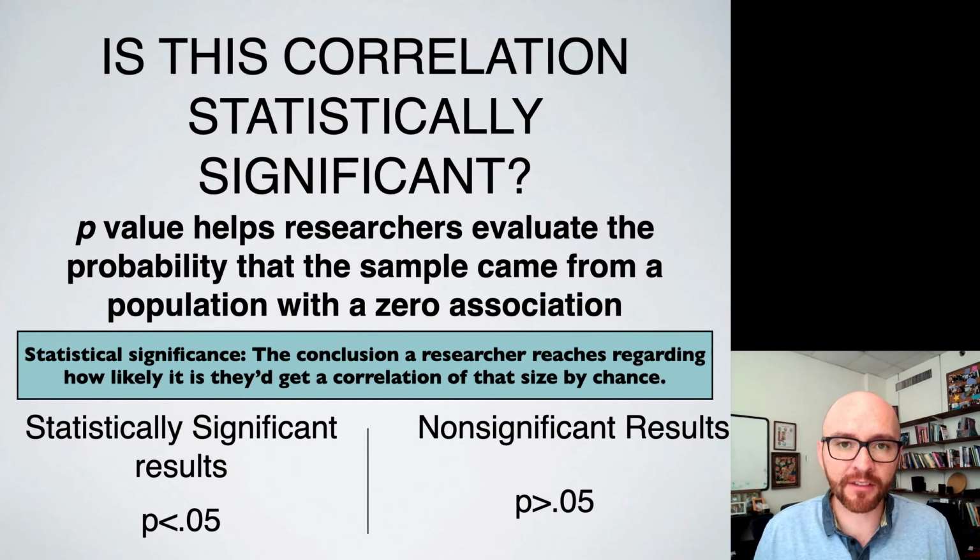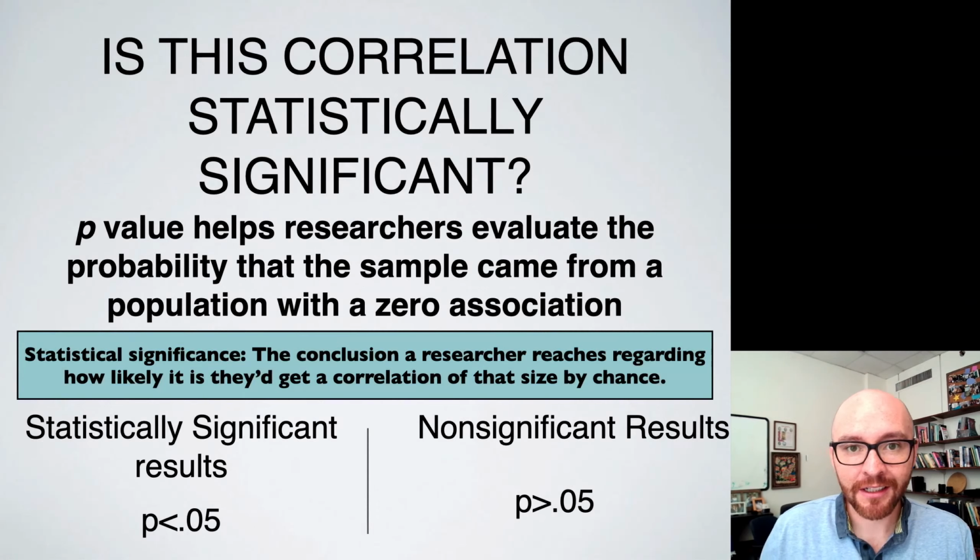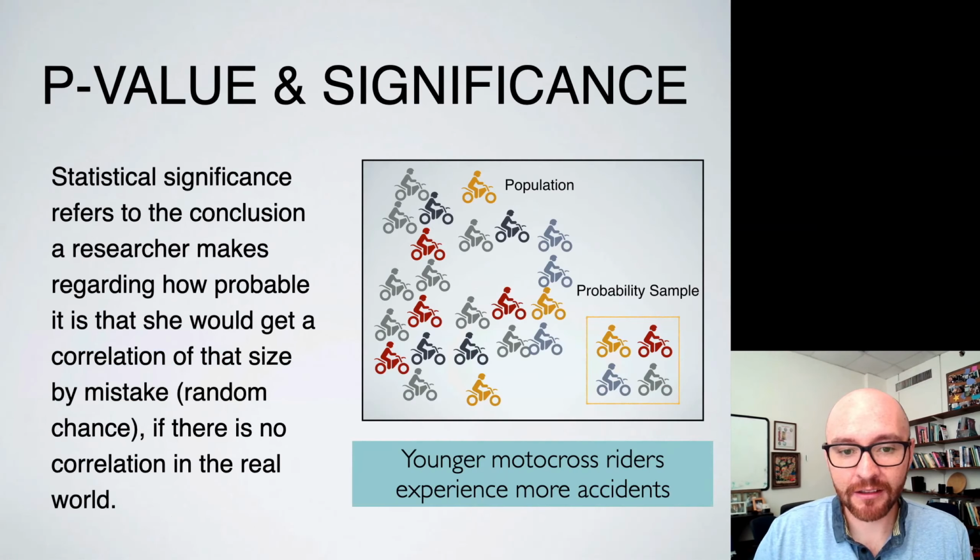So in medical fields, they actually use less than 0.01. They want a less than 1% chance that you found this relationship when it's actually not there, meaning that you found that this works when it actually doesn't work. So when you're dealing with people's lives, that makes more sense. In the social sciences, it's 5%.